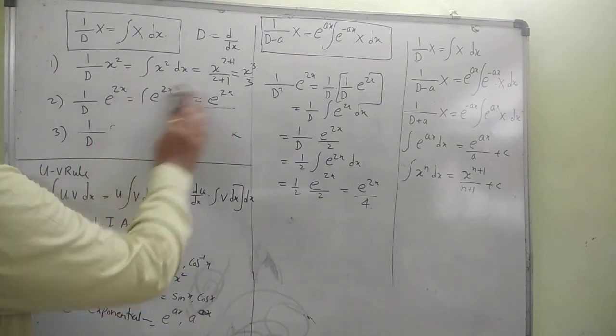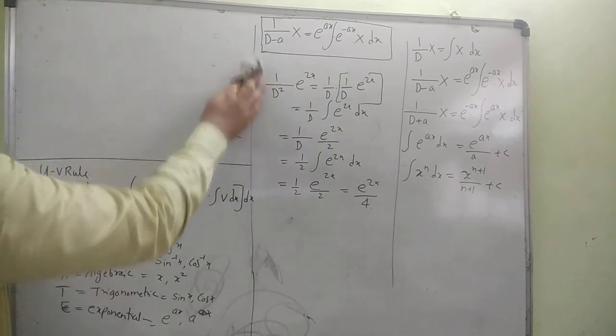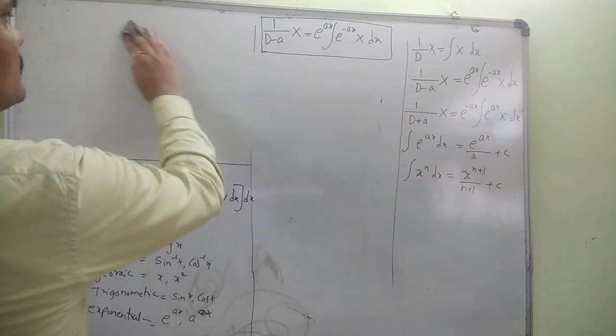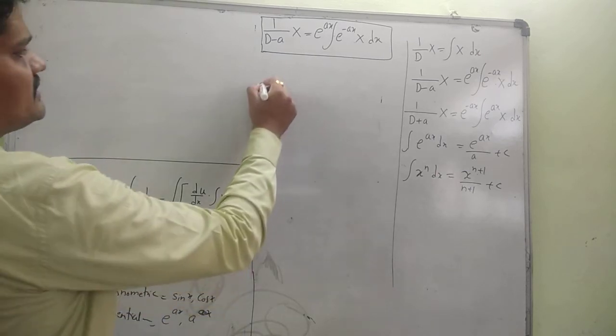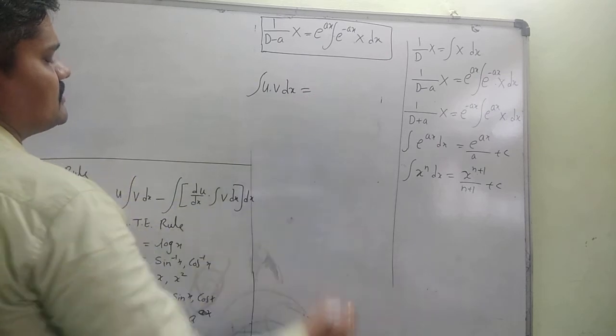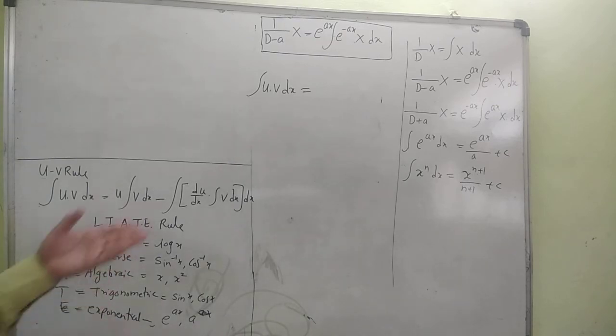Dear friends, this is about the basic integration part. Before using this formula, we should have an overview of the formula of uv, that is integration of u into v dx. In a number of reference books it is given in different forms, but we will be applying the form that I have mentioned here.